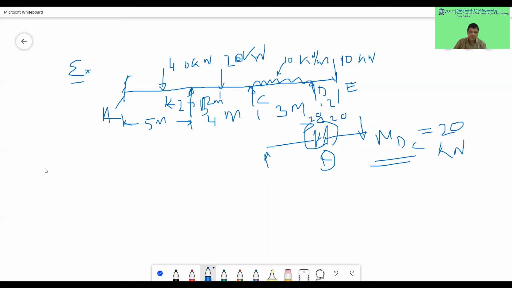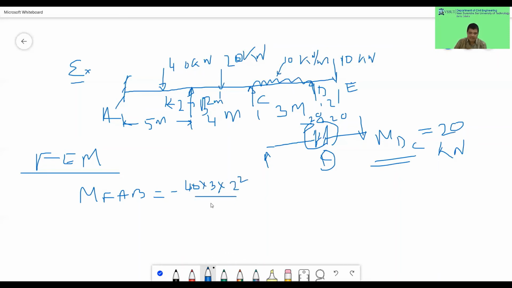If you do the solution, first find out the fixed end moments. The fixed end moments we will try to solve. Then your MF AB is equal to, I am writing the value directly, minus 40 W into a b square, 3 into 2 square, divided by L square.